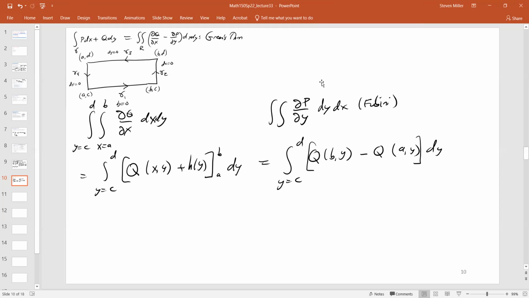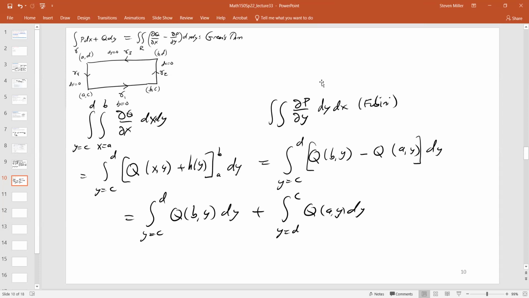So this is the same as the integral y goes from c to d of q of by dy plus the integral y goes from d to c of q of ay dy. Why is this true? Did I drop the minus sign? I switched the order. So instead of going from C to D, I'm now going from D to C. Why would I do this?